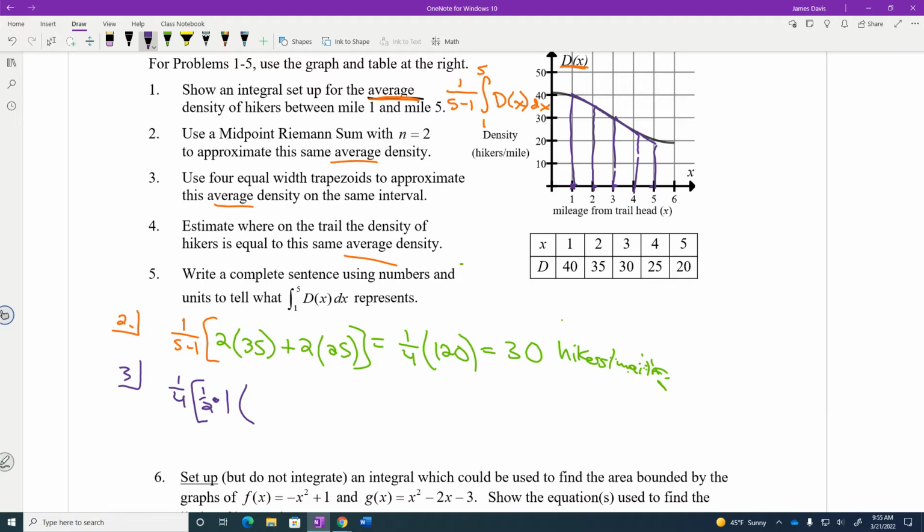You could write the first one is going to be 40 plus, and then 35 gets used twice, plus 2 times 30, plus 2 times 25, plus the last.